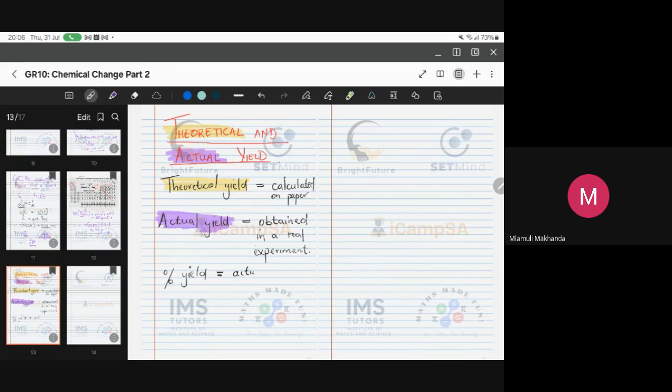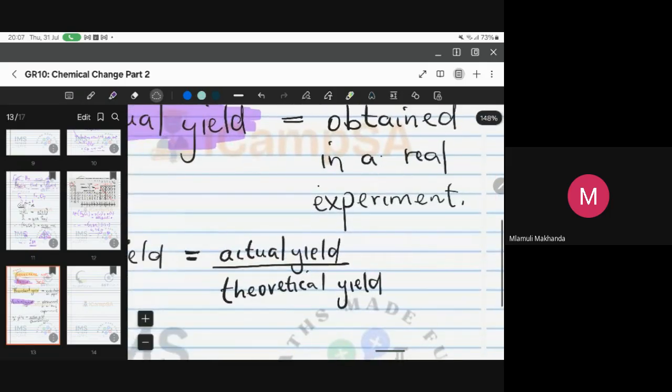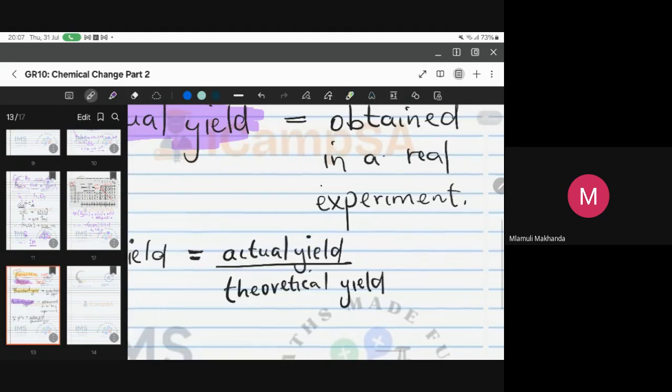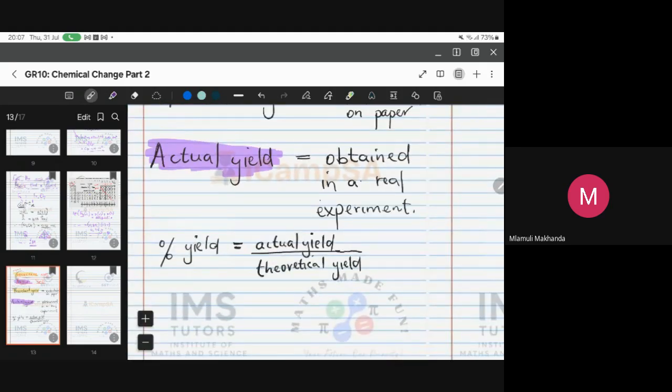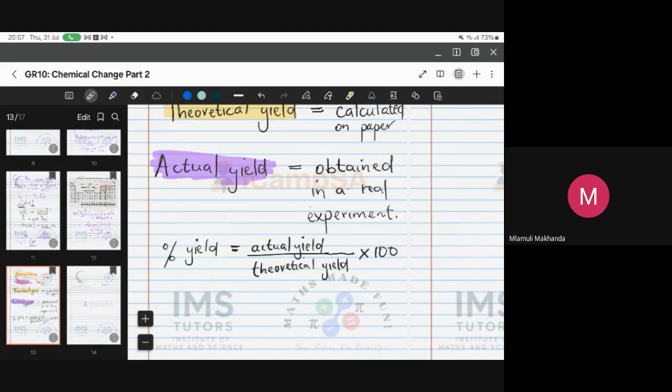This is the actual yield over theoretical yield, right? I hope you can still see. And all of this times 100. That's how it works. So what is this formula saying?